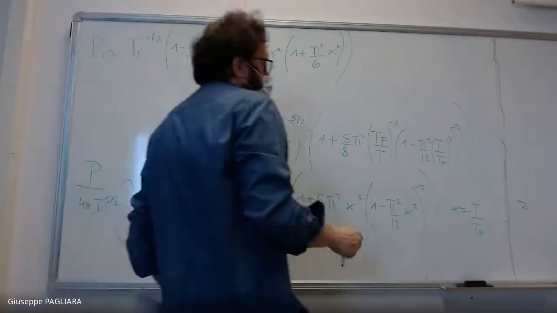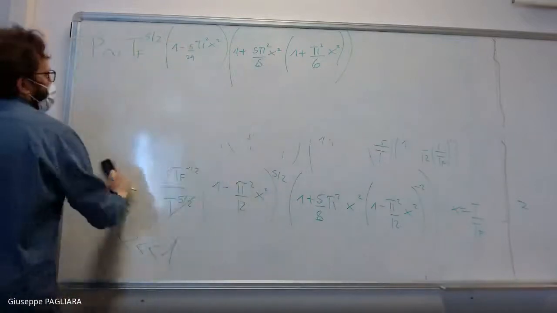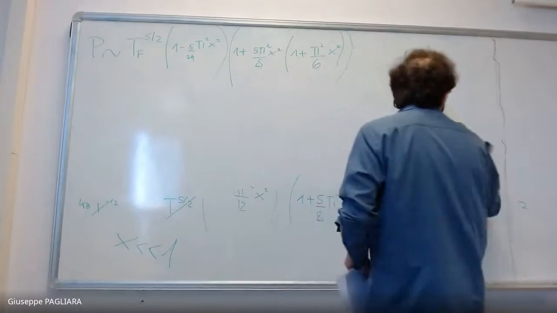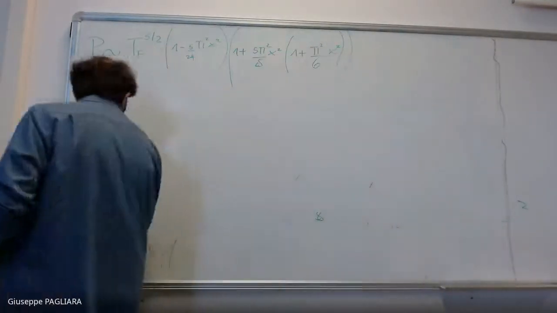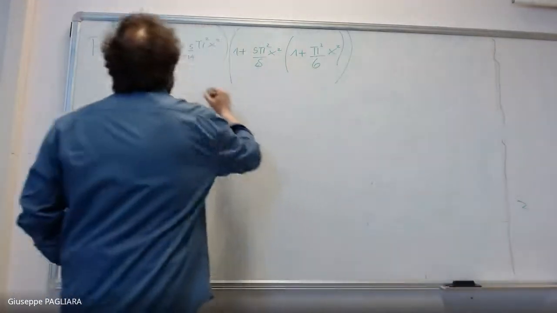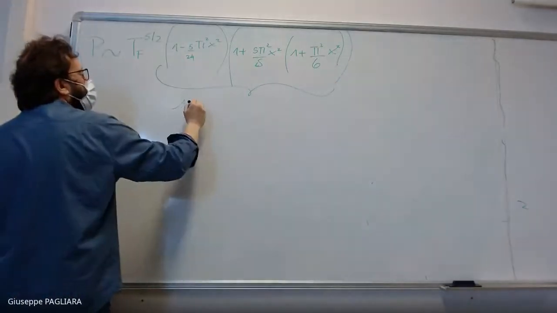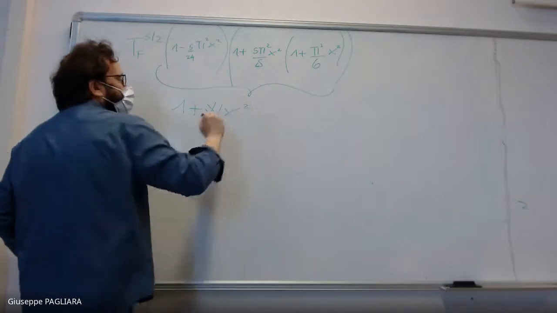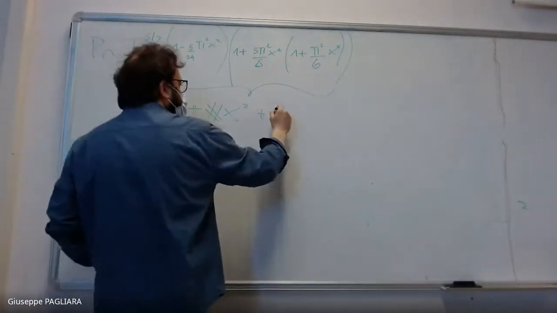Okay. Now we can work out the second order. We keep the second order terms in x. So basically you take this expression, this will be 1 plus some number times x squared, and you neglect all the other terms.